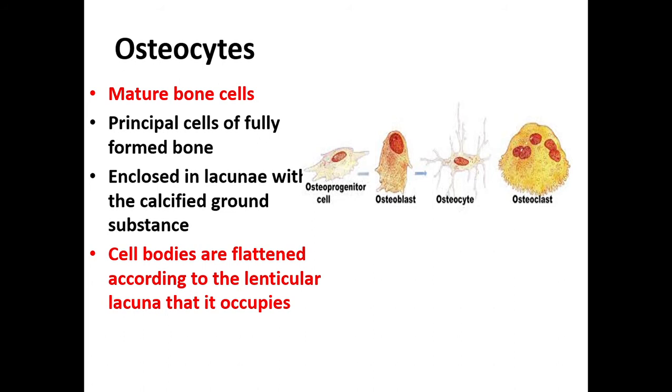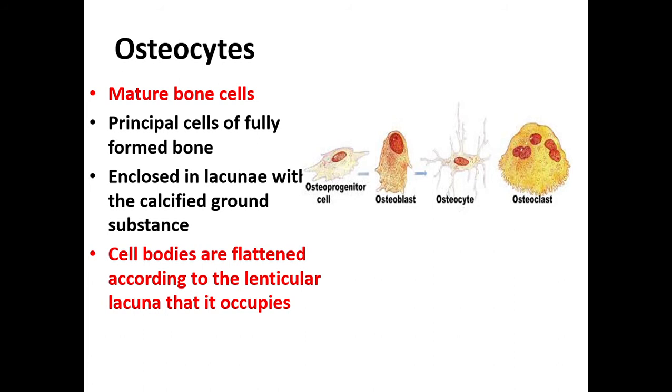So these are the principal cells of fully formed bone in the body. Just like the cartilage, the osteocytes are enclosed in a lacuna, a cavity with the calcified ground substance.